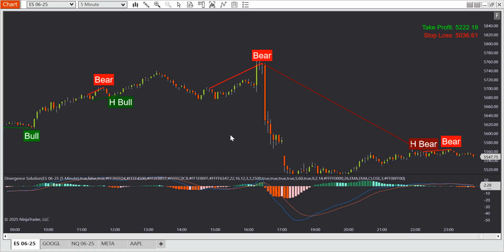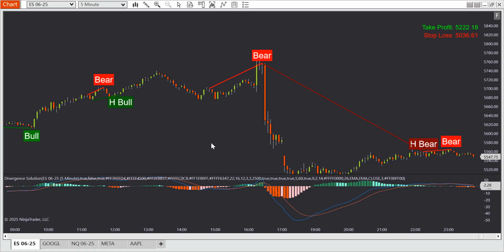In this video, we're going to go over the Divergence Solution indicator. As you can see, it's marking on the chart where we will find divergences, and then we've got the panel down here below. Divergence trading is a very common trading strategy and tool.